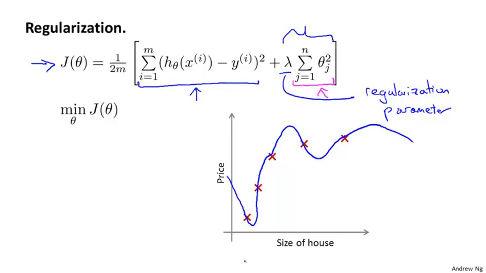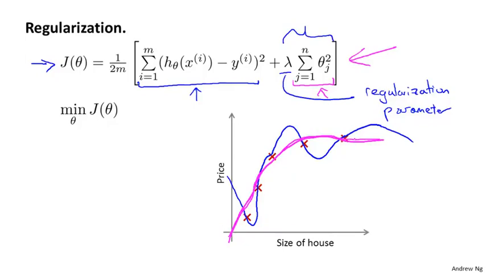If you still fit a high order polynomial with all the polynomial features in there, but make sure to use this regularized objective, then what you can get out is a curve that isn't quite a quadratic function, but is much smoother and much simpler, maybe a curve like the magenta line that gives a much better hypothesis for this data.